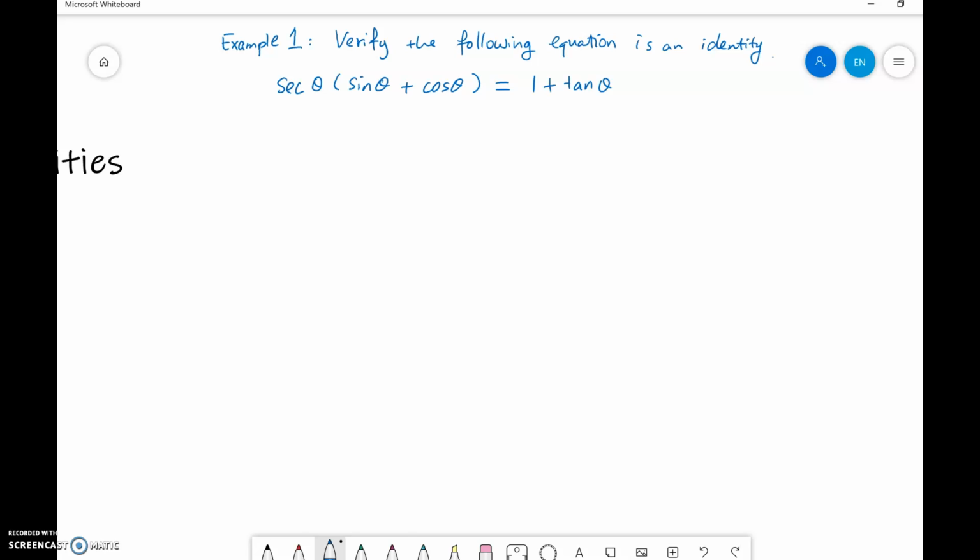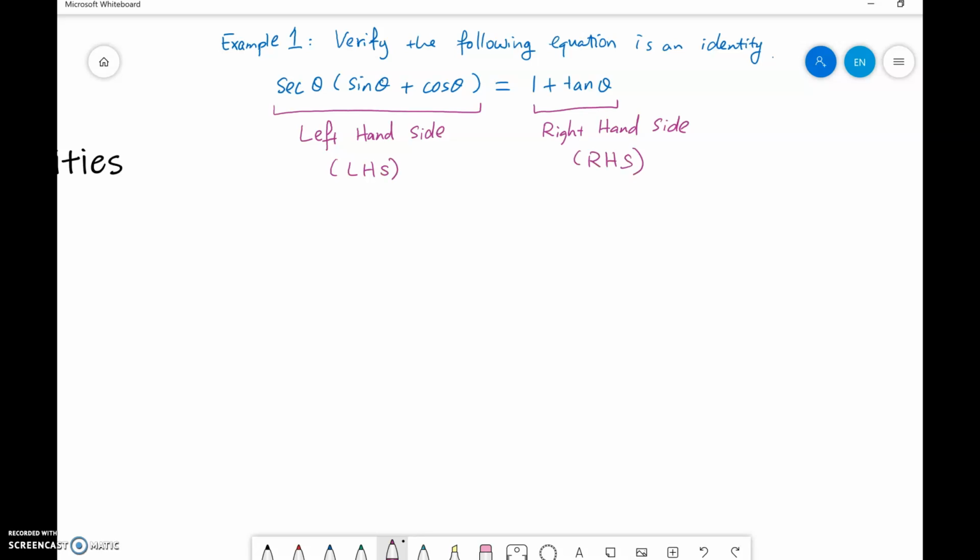Normally when we verify identities, the question is given to you in an equation form. So what we have is a left-hand side, and then a right-hand side, separated by the equal sign.